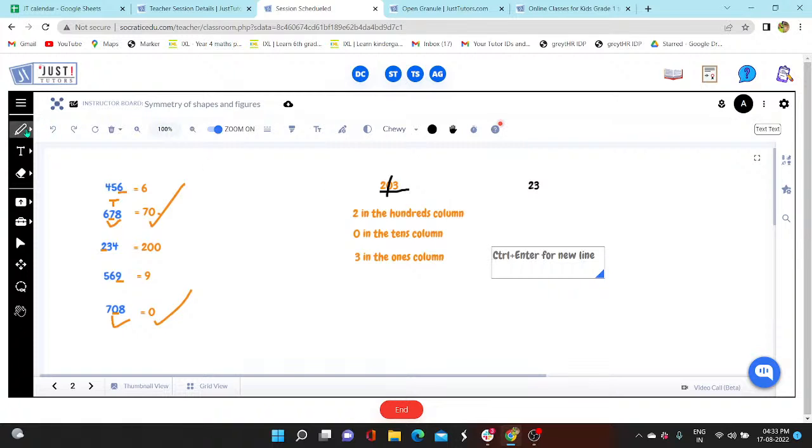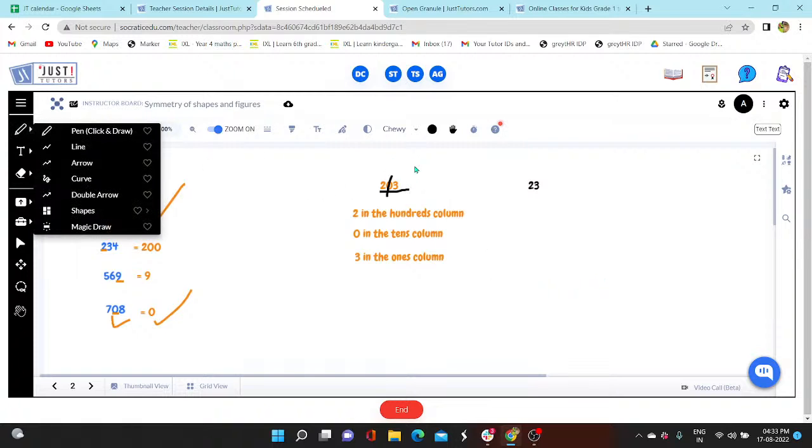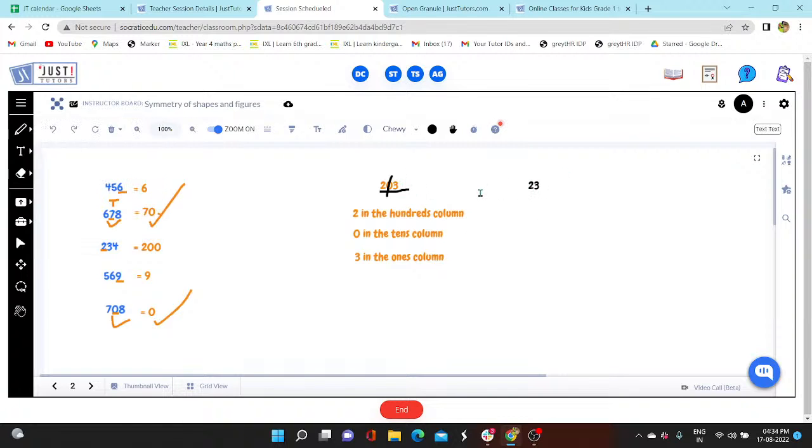And would it give us the same value? Compare the two numbers. Okay, have a look. We have removed the 0 and this became 23.